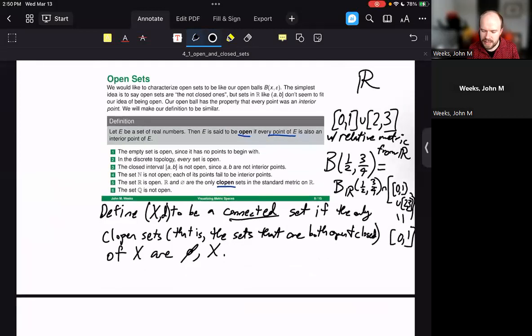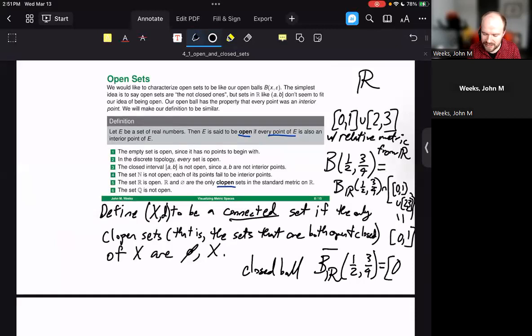On the other hand, even if I took the closed ball of this space, remember, this is going to be all of the values whose distance from 1/2 is not only less than 3/4, but also equal to 3/4. But this is also equal to the set [0,1].